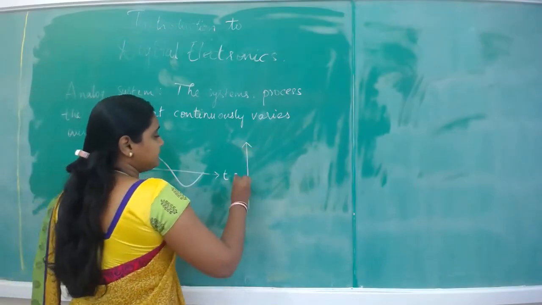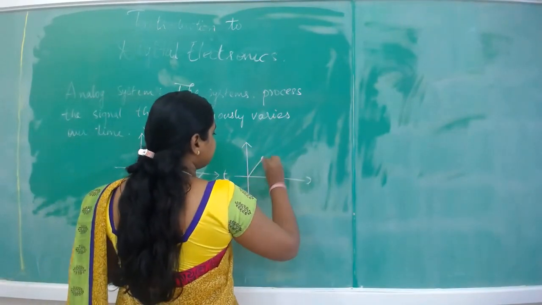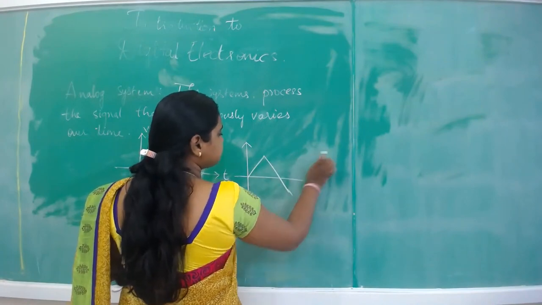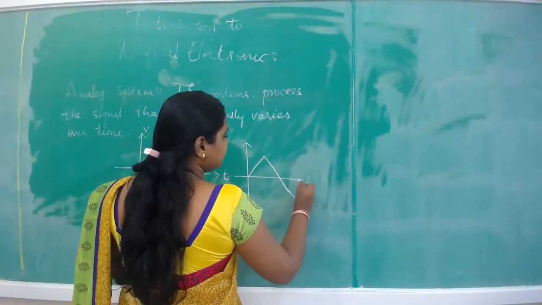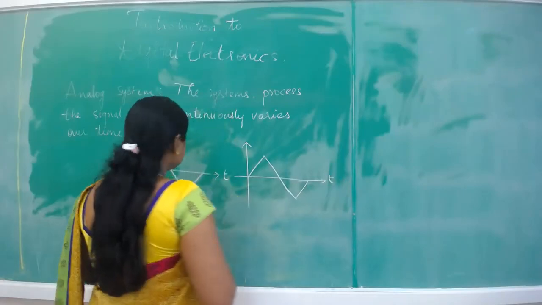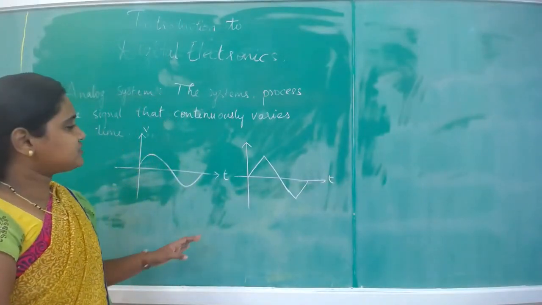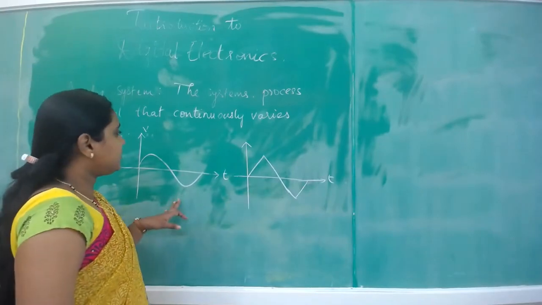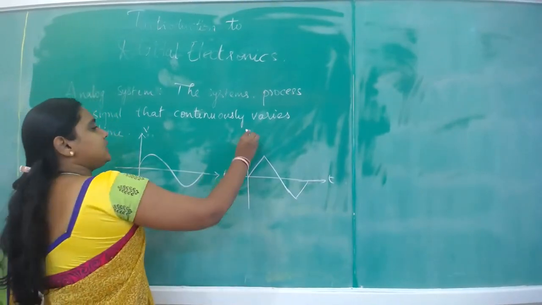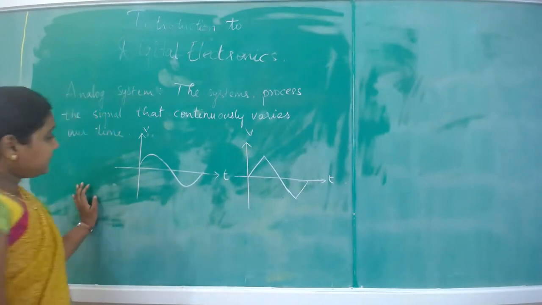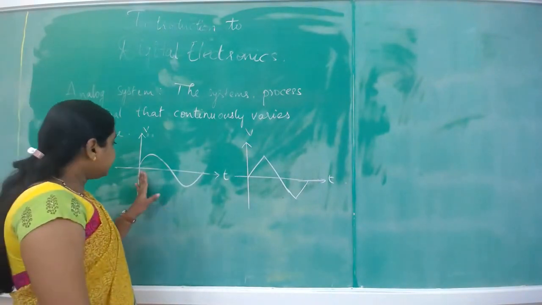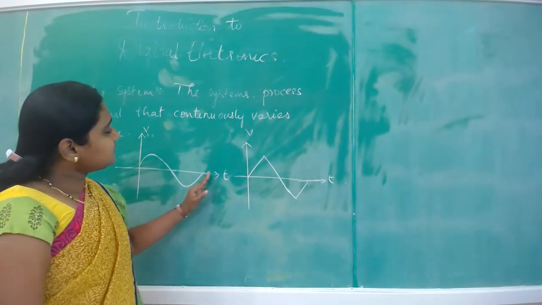I will take another example, that is the triangular wave. It is just depending on the wave shape. The wave shape here is triangular, so it is called a triangular wave, and this is called the sinusoidal wave. But the basic point is that it is continuously varying in nature.